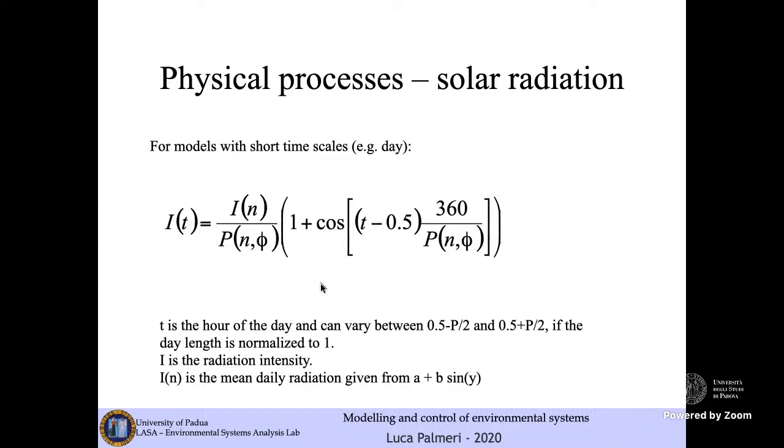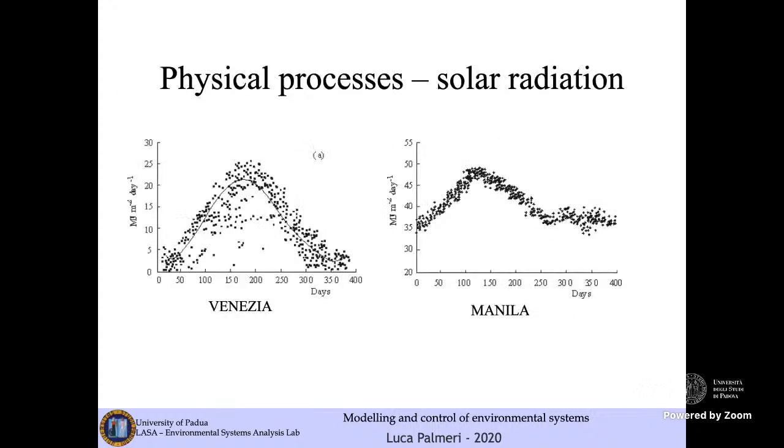If the day length is normalized to 1, E is the radiation intensity and En is the mean daily radiation given from the model that we have seen here.